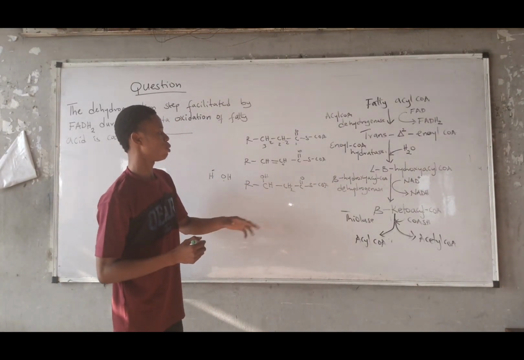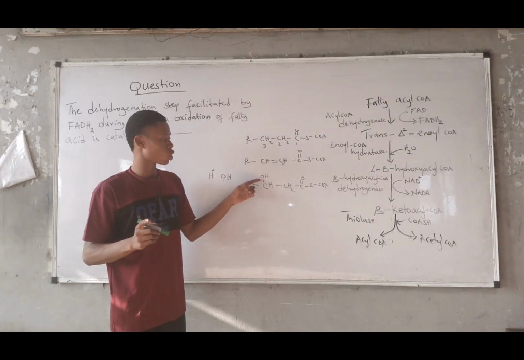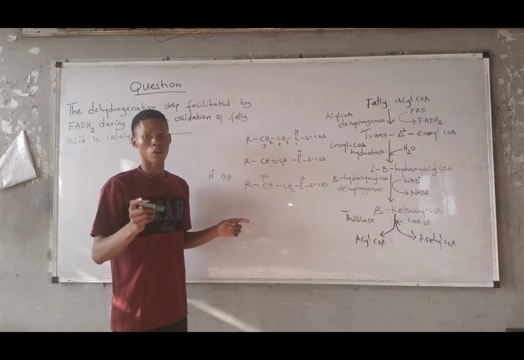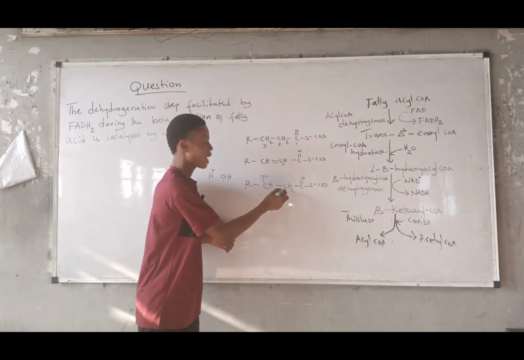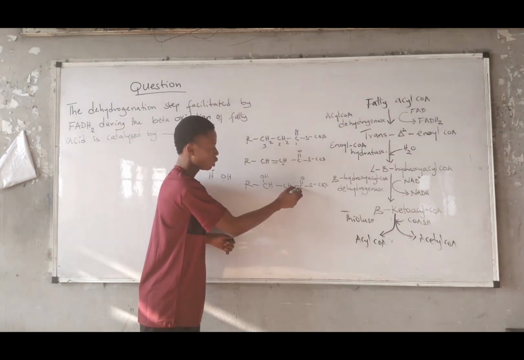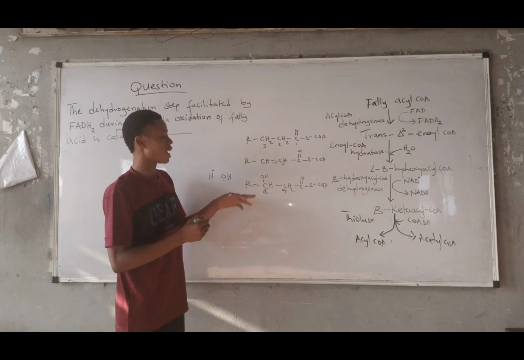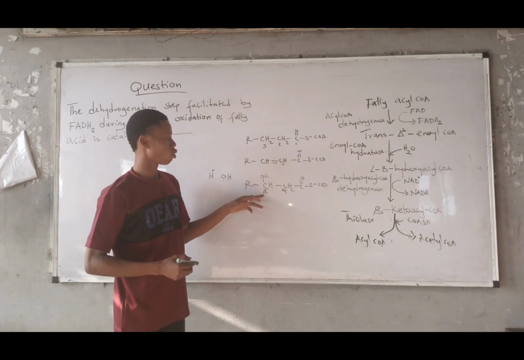So this is our beta hydroxyacyl-CoA. It is called beta because the hydroxy group is on the beta carbon. Now to count this, an alpha carbon is a carbon after the carbonyl carbon, after the functional group. So this is my alpha carbon and this is my beta carbon. Since the hydroxy group is on the beta carbon, we call it beta hydroxyacyl-CoA.